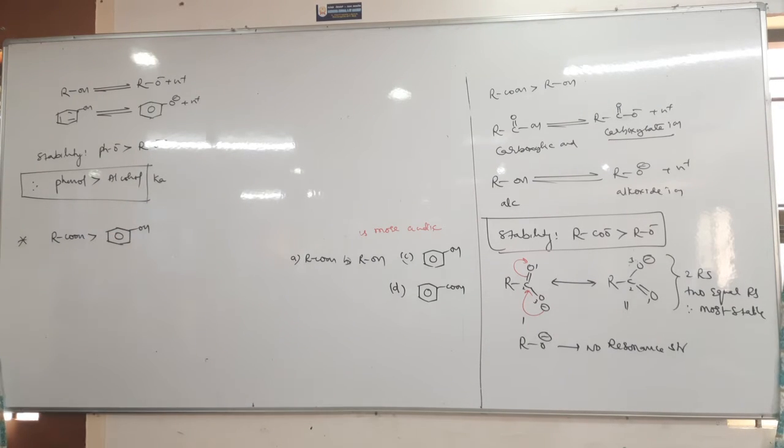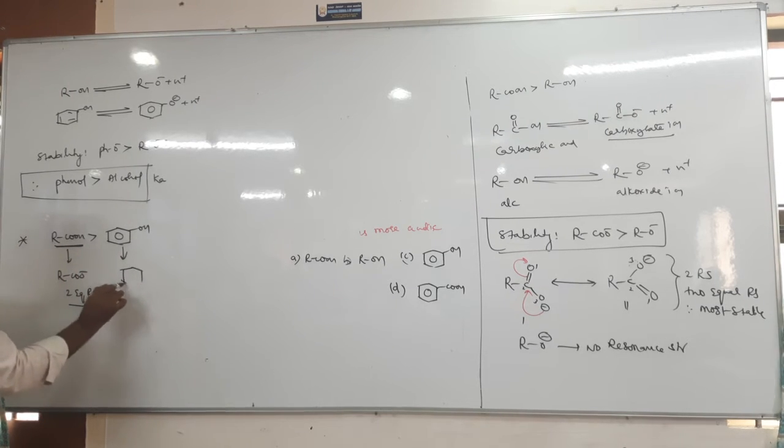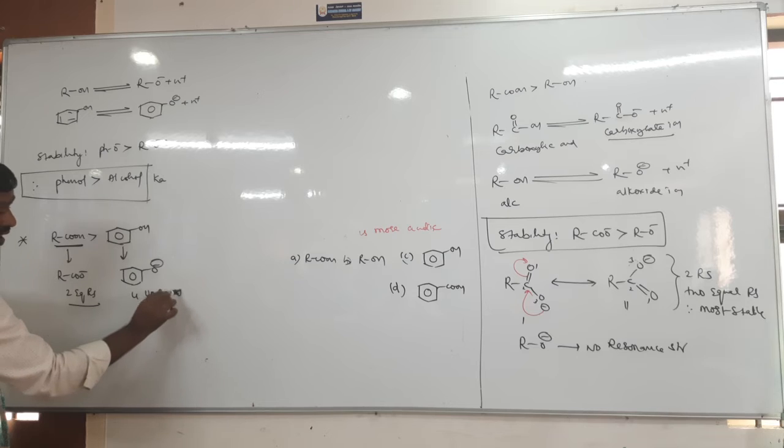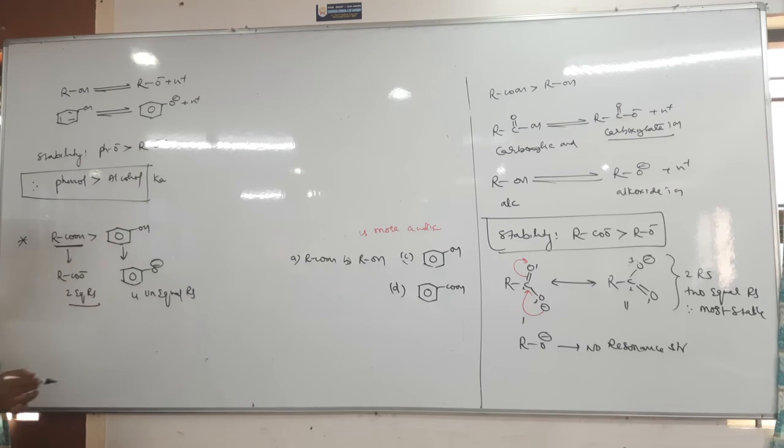Why? Same reason. Carboxylic acid forms the carboxylate ion. Carboxylate ion can form how many? Two equal resonance structures. Phenol forms the phenoxide ion. Phenoxide can form how many? There are 4 unequal resonance structures.